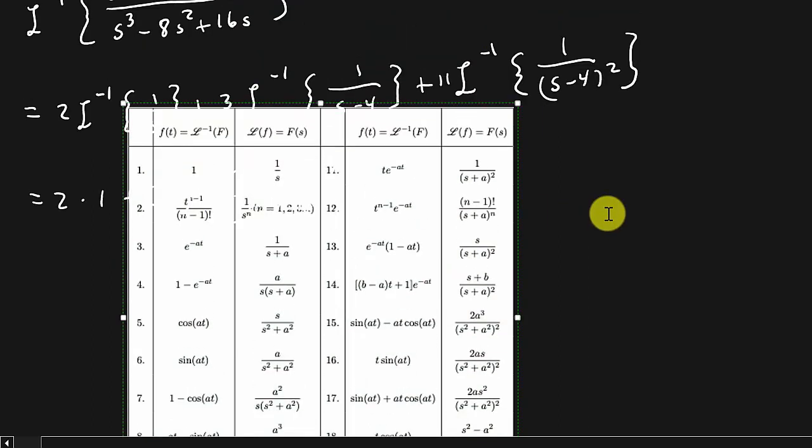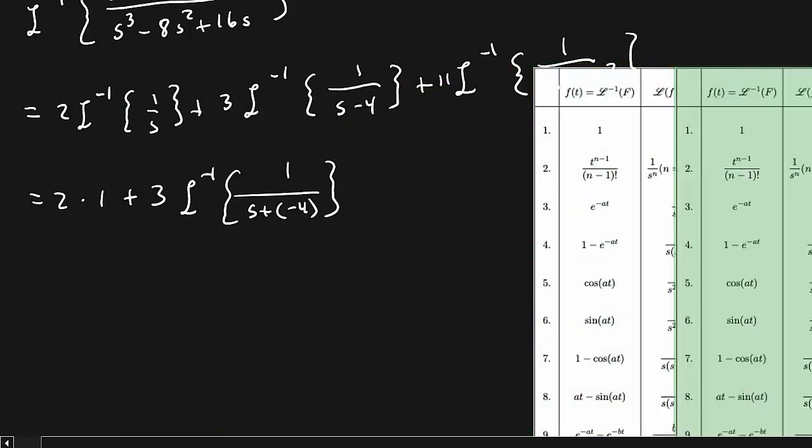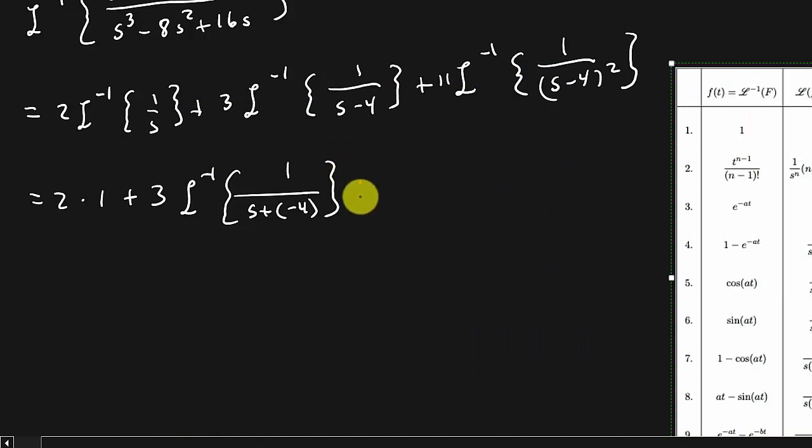Where do I see that one? Well, that's right here, but I need a plus here, so that's going to be s plus negative 4. I've got to rewrite it into that. So that's going to be plus 11 times the inverse Laplace of 1 over (s plus negative 4) squared.